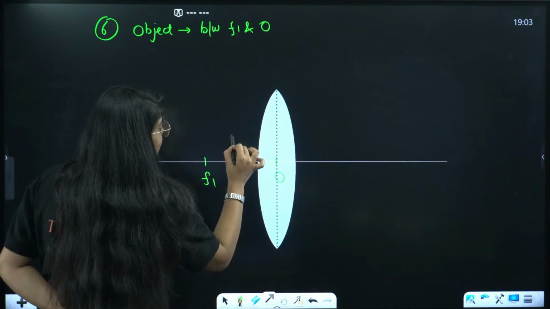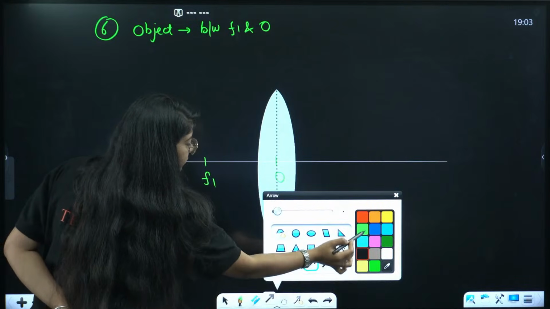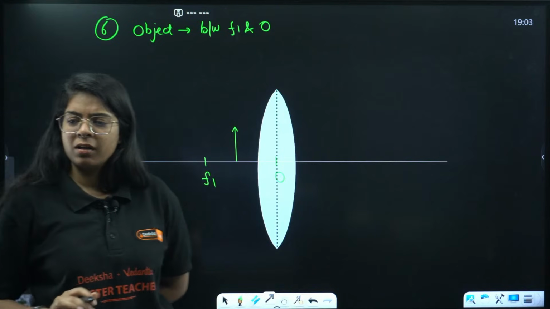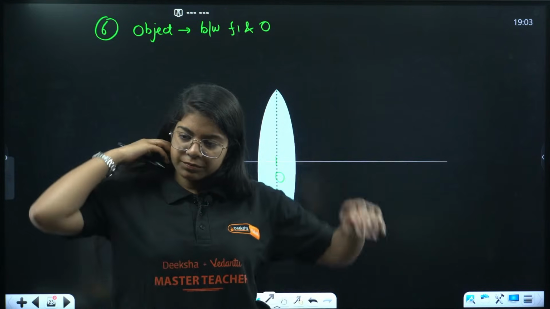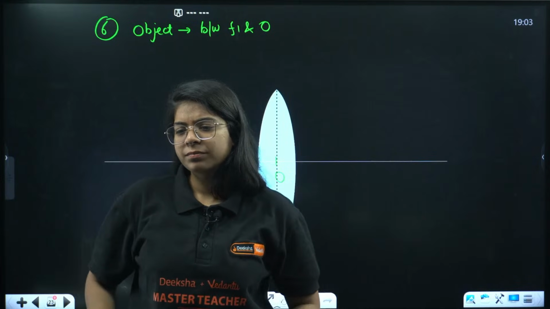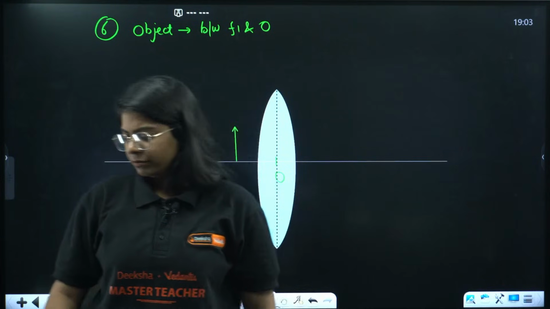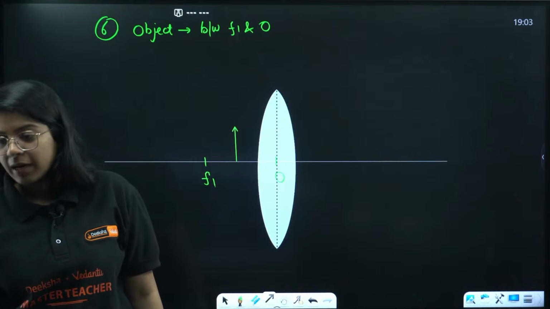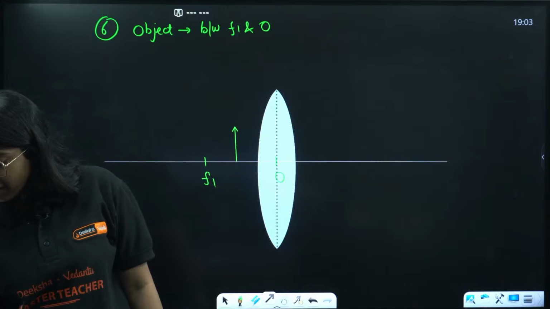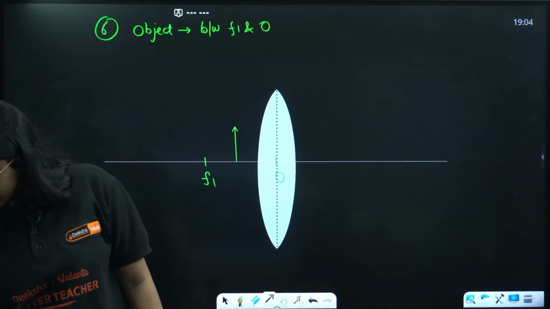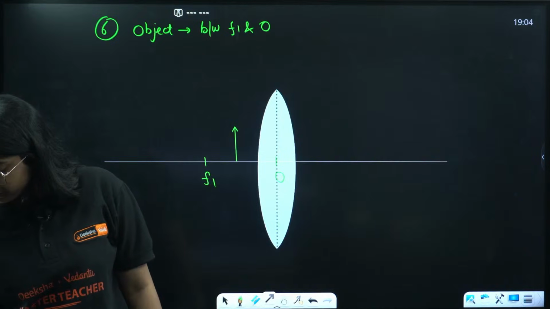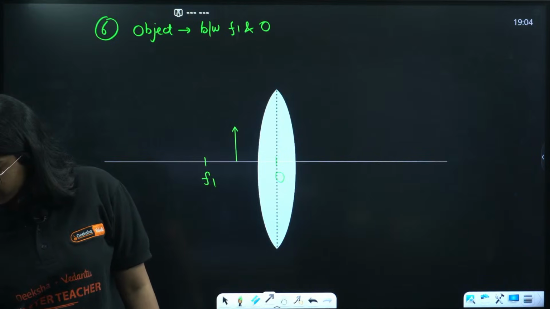That means this is my object. इतना समझ में आया? सुनो, बताओ, इतना समझ में आ गया? Everyone, the object is between F1 and optical center. Done?